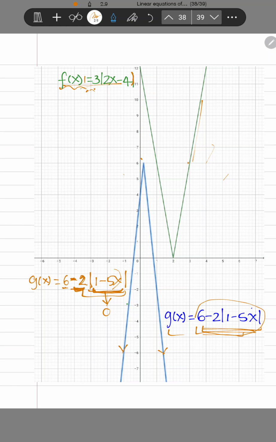A negative number added to 6 means we are subtracting from 6. So that will not give it any higher value. So 0 is the maximum the whole function can reach, or the minimum we can get out of the absolute expression. When we take 0 from here, 0 times 2 is 0. 6 minus 0 is just 6. 6 is the maximum value we can achieve as a y value here. From 6, it goes downwards.